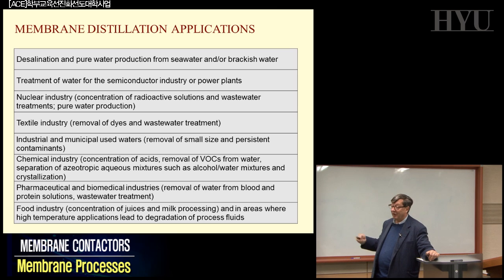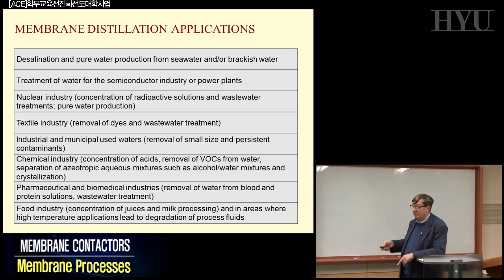Unfortunately, this has to be done on a large scale for the problem they had. But this will be the way, for the next event, to avoid the problems. This kind of methodology can remove completely all the ions, 100%, none will go through. And that's why it's already suggested for concentration of radioactive solutions and wastewater treatment for pure water or clean water production. Textiles also have a lot of possible applications.